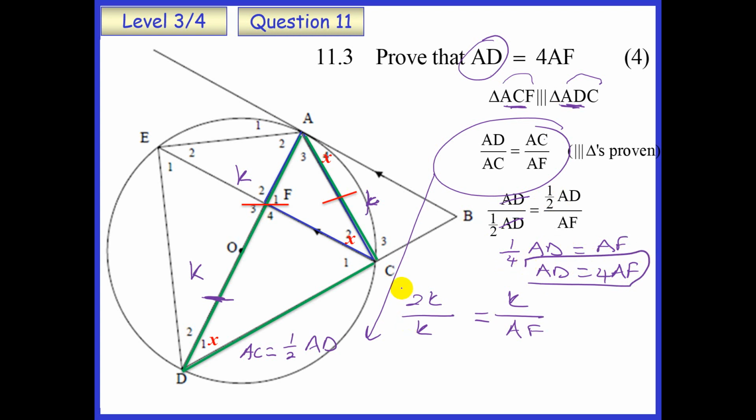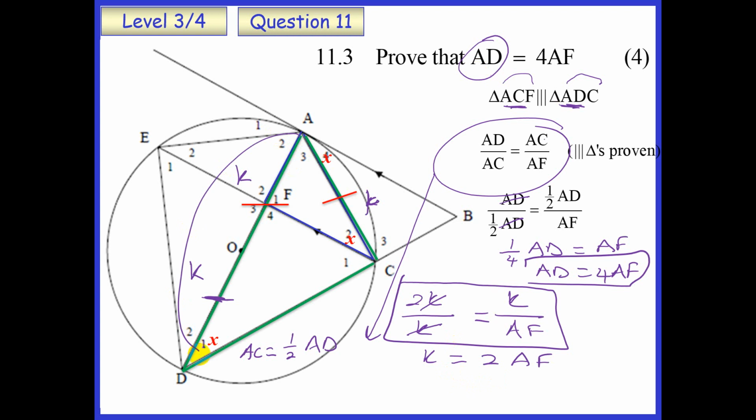Coming back, if we couldn't see it that way, we could use the K method and bring in K units. From here, you could cancel off these Ks, and you'll end up with, by cross multiplication, that K is equal to 2AF. But remember, we want to bring it in relation to AD.